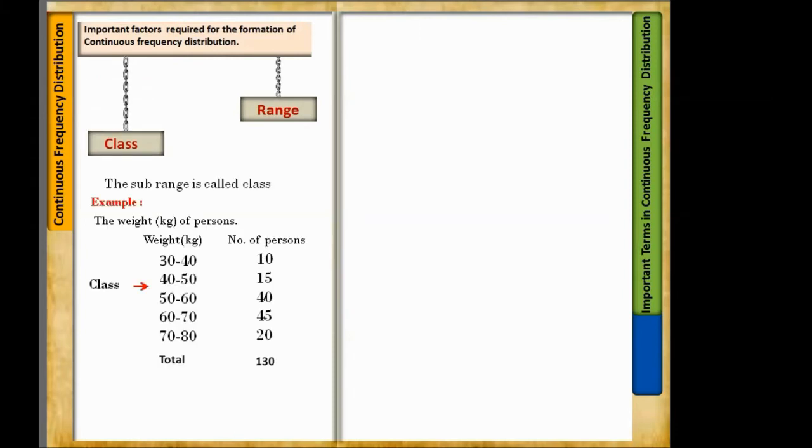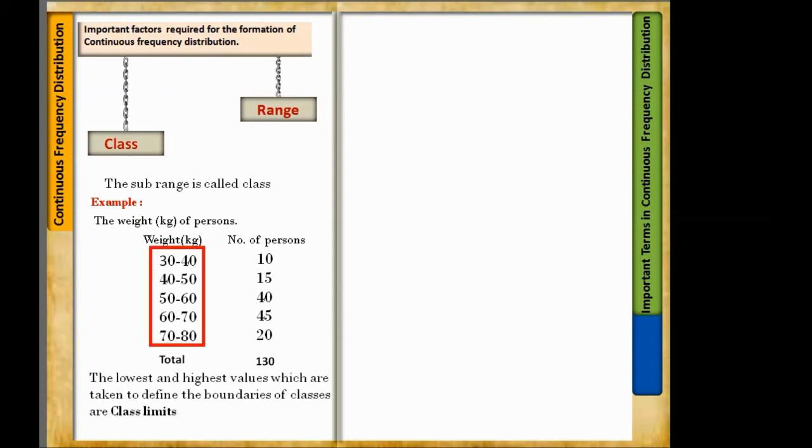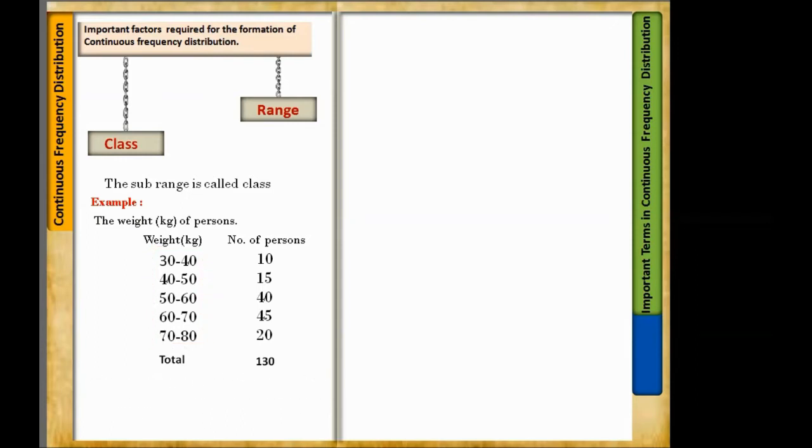The sub-range is called class. The lowest and highest values which are taken to define the boundaries of the classes are called class limits. The lowest value is called lower limit. The highest value is called upper limit.